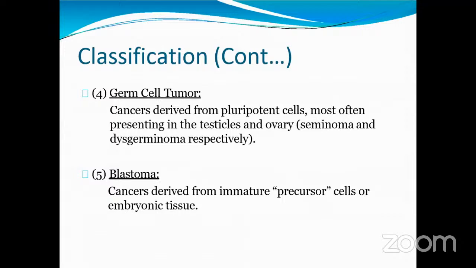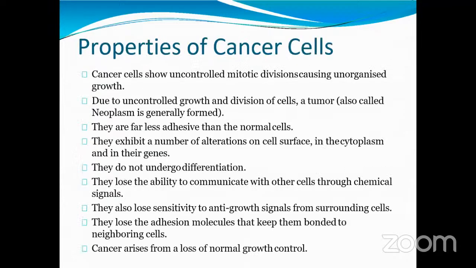They are called seminoma in the testicles, and in ovaries, dysgerminoma. This can actually be inherited from one generation to another, because those are germ cells. Then blastoma: the cancers derived from immature precursor cells or embryonic cells are called blastoma.